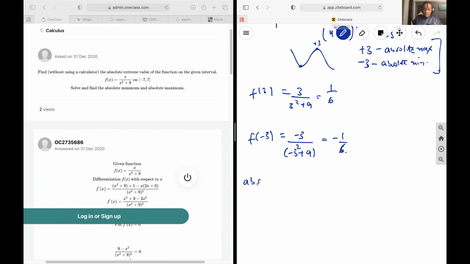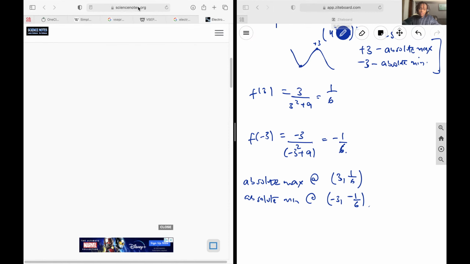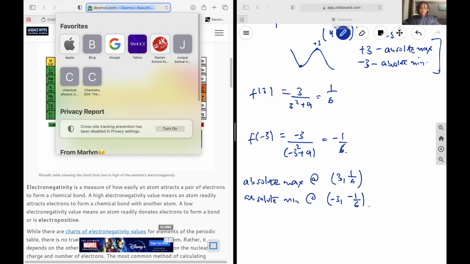So we will have an absolute maximum at x is equal to 3, and therefore f of x is equal to 1 over 6, and an absolute minimum at x is equal to -3, and f of x is equal to -1 over 6.